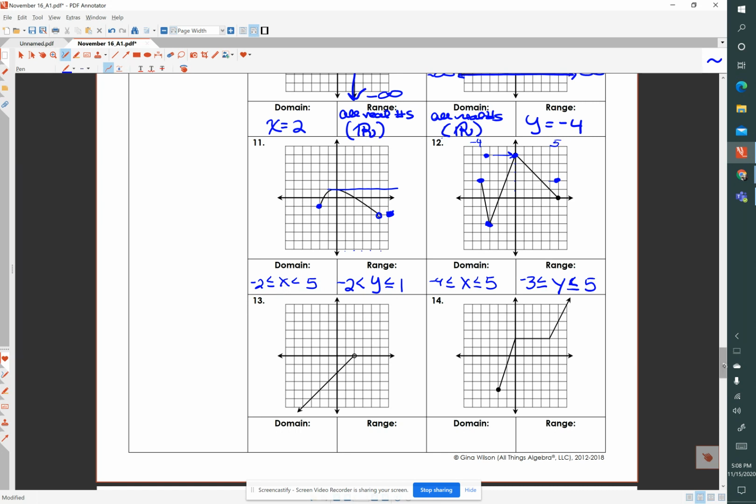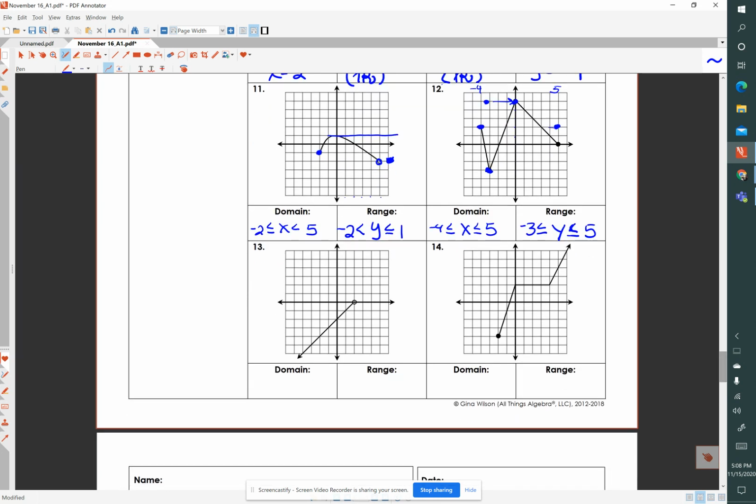And the last two in this section, I have a graph that goes to negative infinity, both in terms of the domain and the range. So in terms of the domain, I have an open dot at 2 on the x-axis.